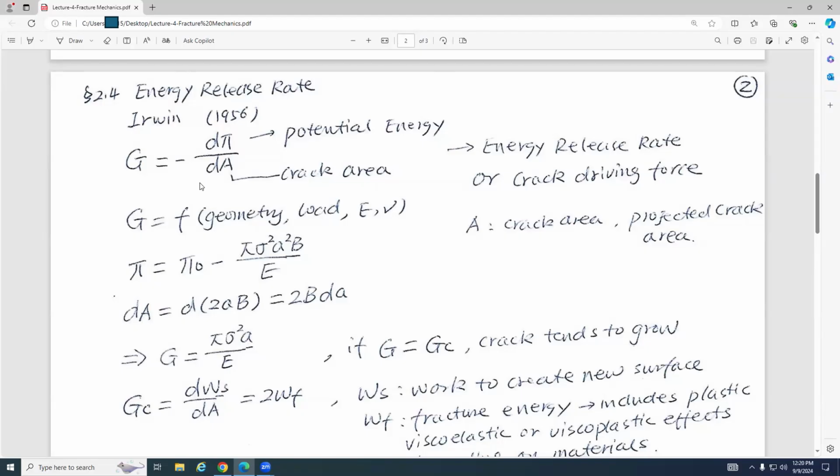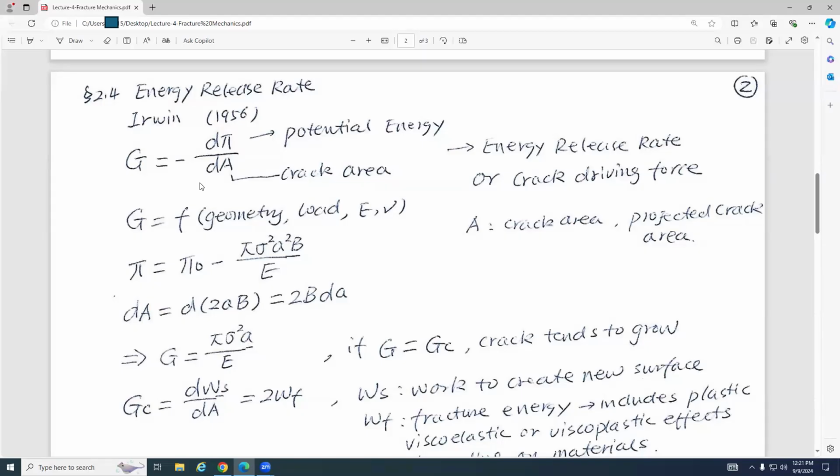Now, dA, okay? dA equals d of 2ab. This is the through-thickness hole, and this crack's length is denoted as 2a.